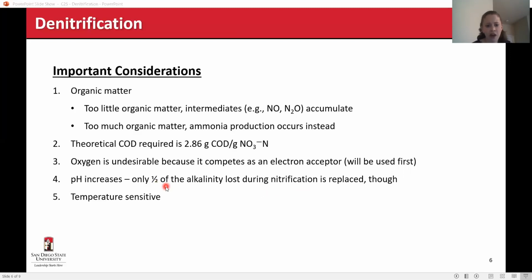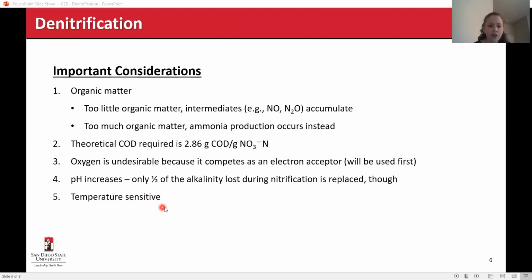However, only about half of the alkalinity that was lost during nitrification is replaced during denitrification. So we may need to add additional alkalinity to our wastewater following denitrification to make sure that we have the proper amount of alkalinity and we can maintain a stable and neutral pH.